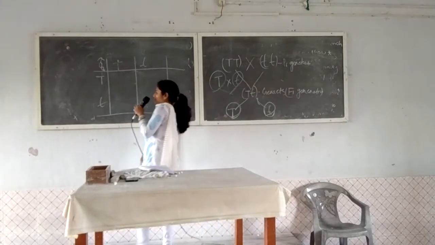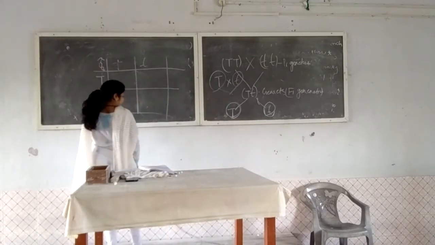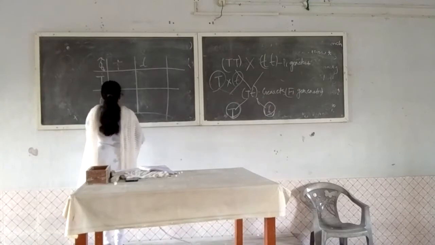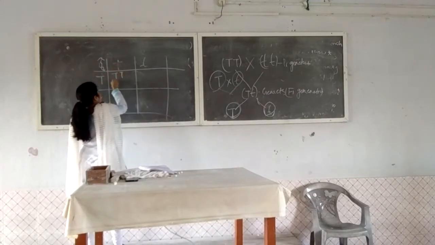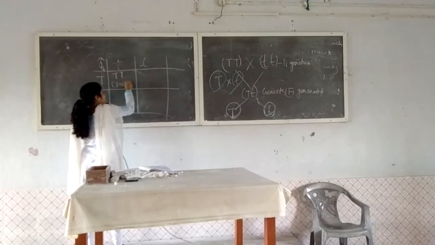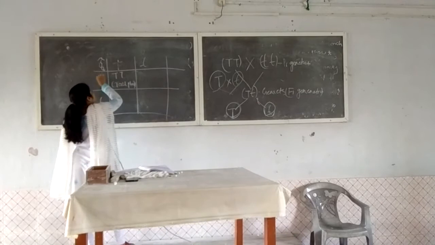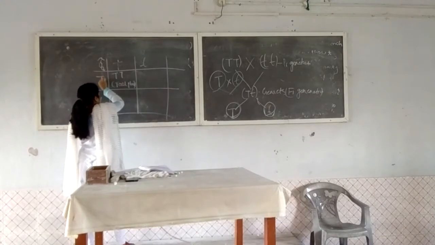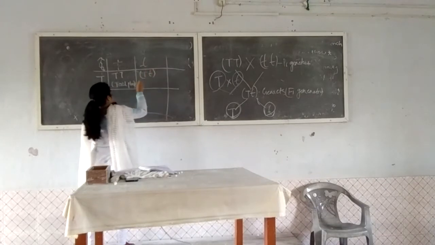Then he took the statistical analysis and crossed between the capital T, small t, which is a tall plant. And for this he crosses the capital T with small t, which is a tall plant.